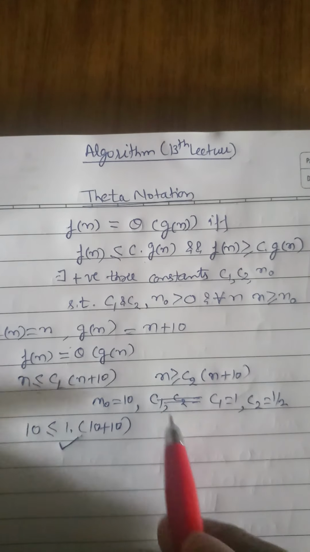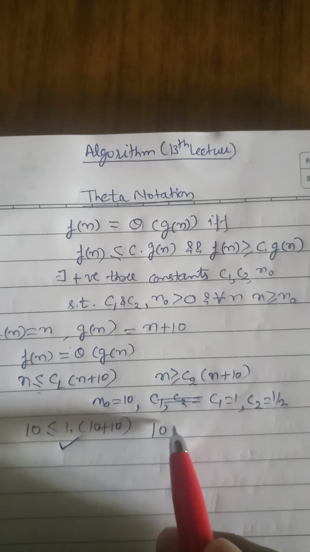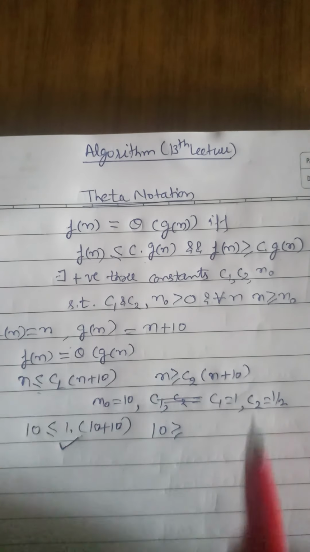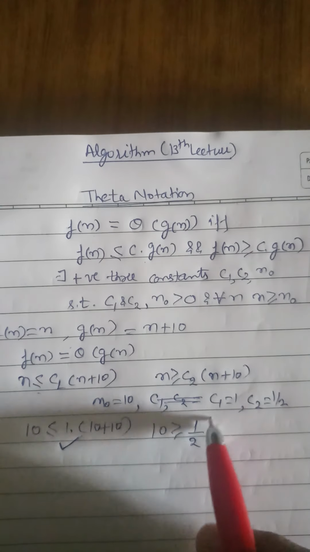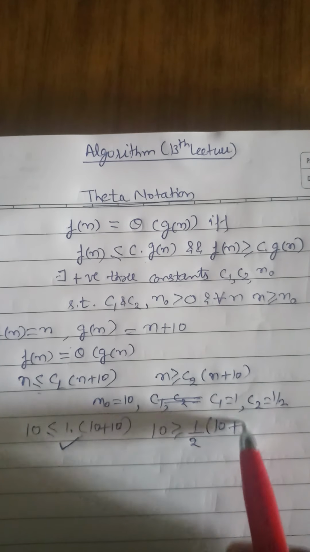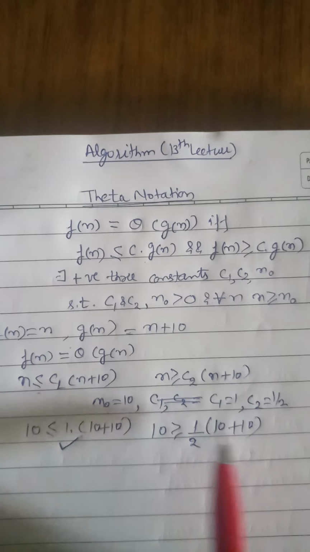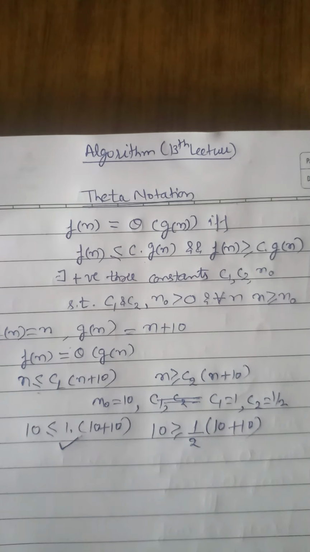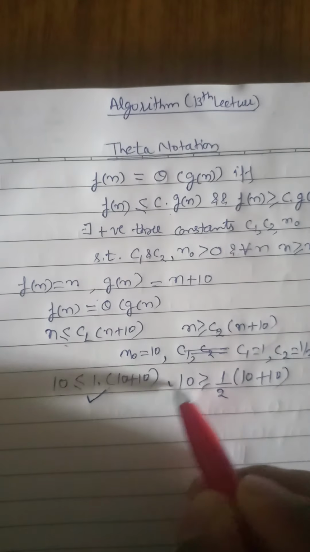Now move to the other: 10 is greater than or equal to 1 by 2 times (10 plus 10), which is 20 by 2, that is 10. So this condition is also satisfied.